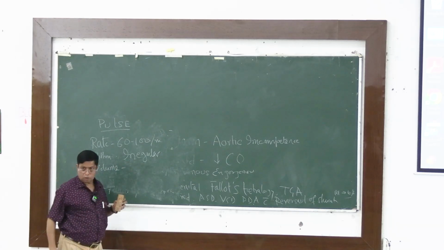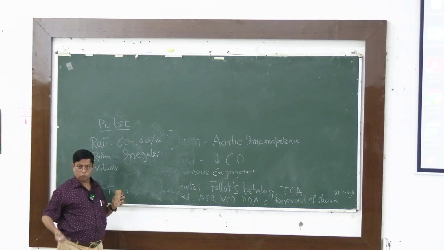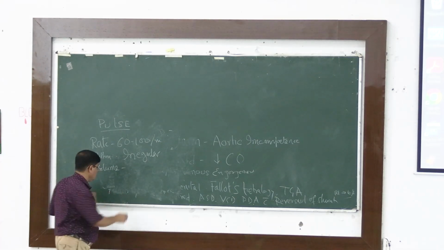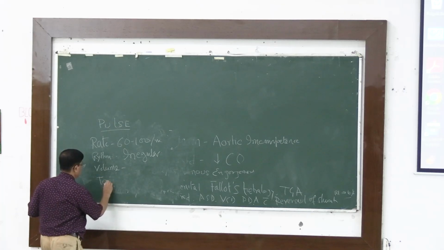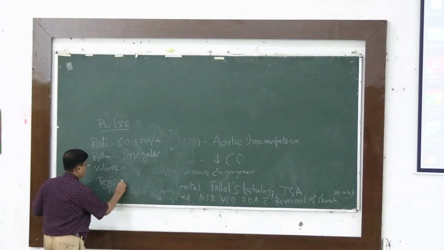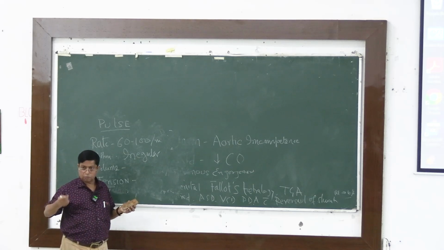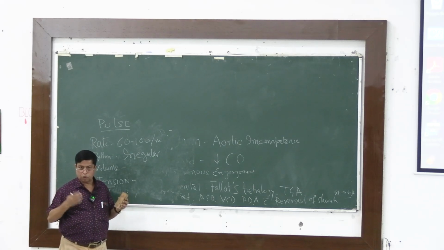Volume of the pulse. This may be high volume, or high volume collapsing, where water hammer pulse will come. This is the volume of the pulse. Then tension. Tension is actually hypertension, a rough idea about blood pressure on palpating the pulse.